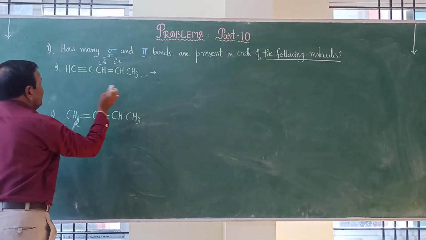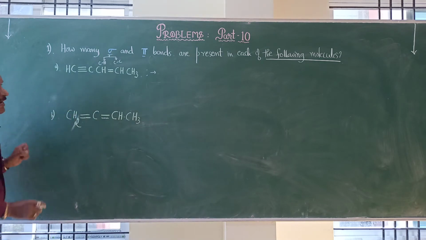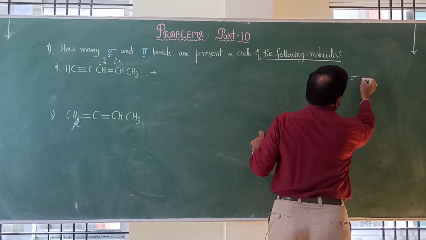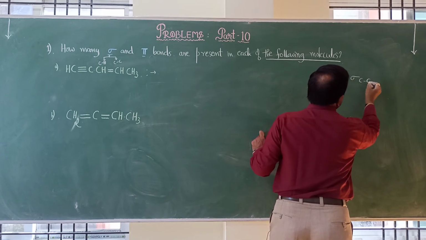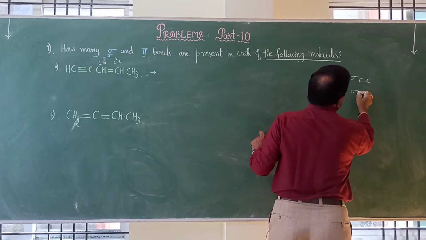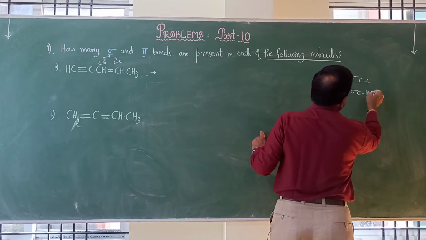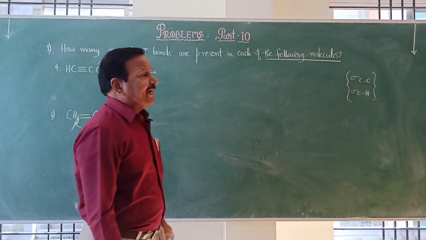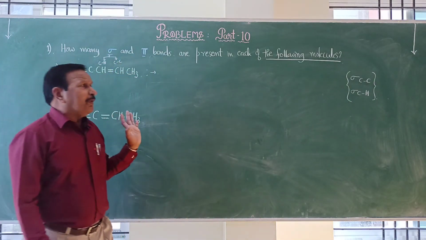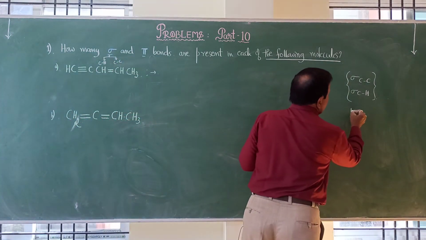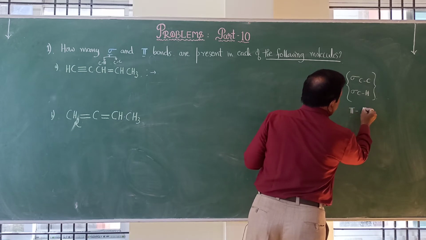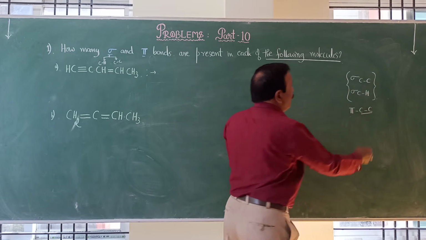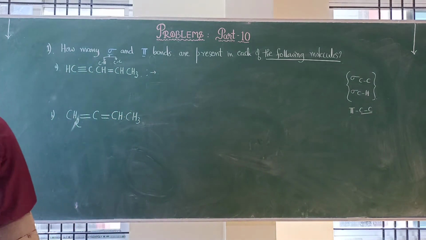You can write sigma carbon carbon and sigma carbon hydrogen. Of course, both are sigma bonds only, but we are going to identify. But pi bonds will be only carbon carbon. That's understood. There cannot be any pi bonds with hydrogen.